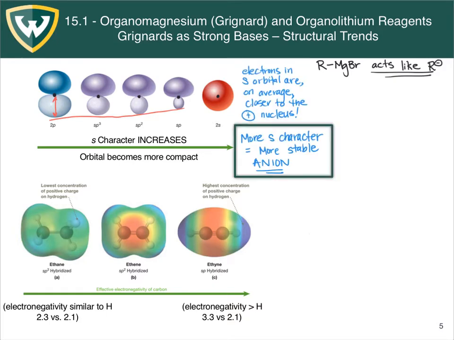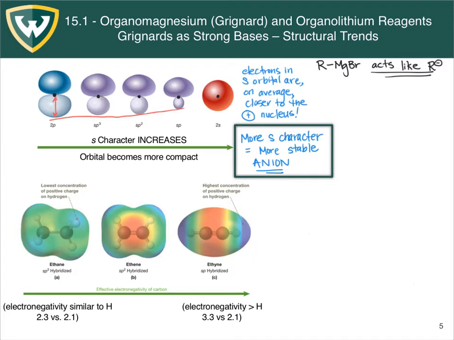Another way to view this concept is to look at the charge density profile of a series of molecules that have CH bonds that are hybridized differently. Here on the left, you can see that ethane, as you know, is sp3 hybridized, and the color on the hydrogen there is just this kind of light teal. The closer we are in the spectrum to red, the more negative the charge, and the closer we are to purple, the more positive the charge.